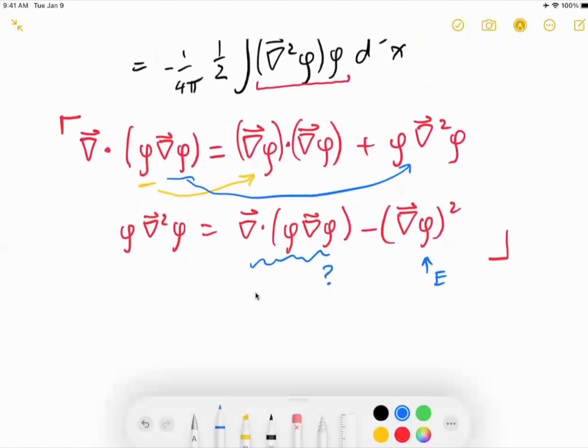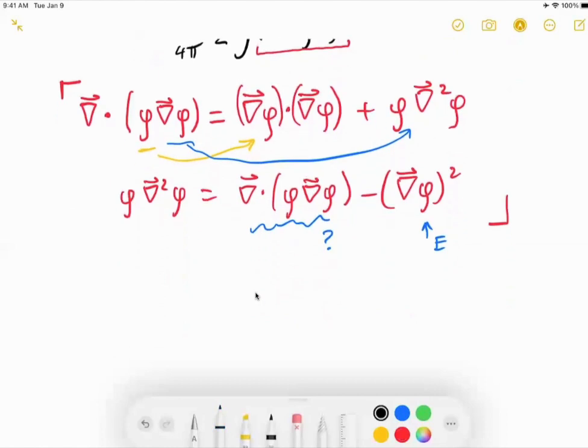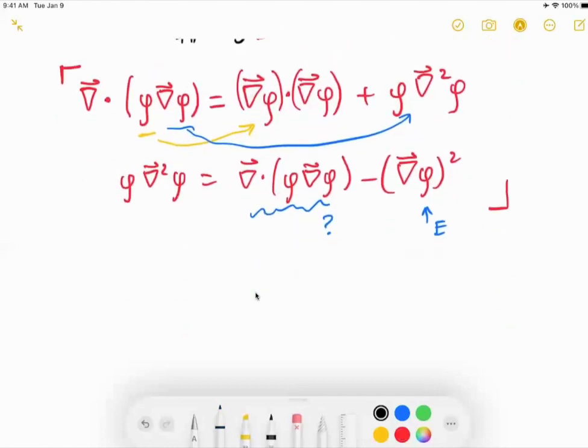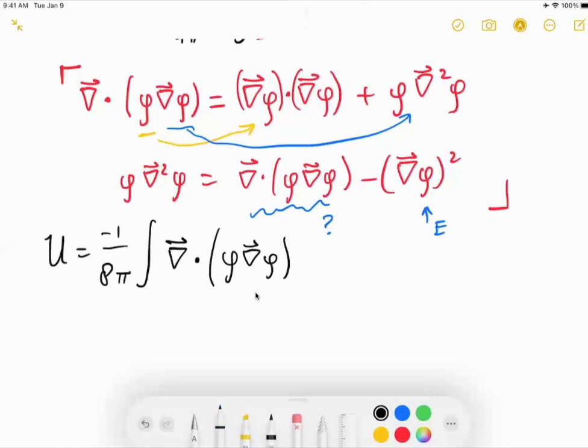Okay, so let's get back to our expression. So now we have u equals minus 1/8 pi, and now we're going to get two integrals. One is the volume integral over this divergence of this funky field, so integrated over the volume.